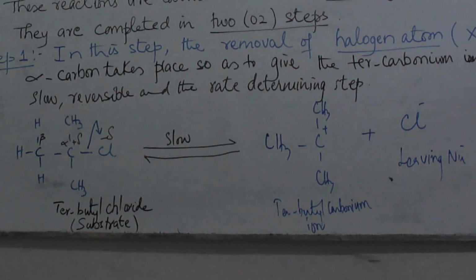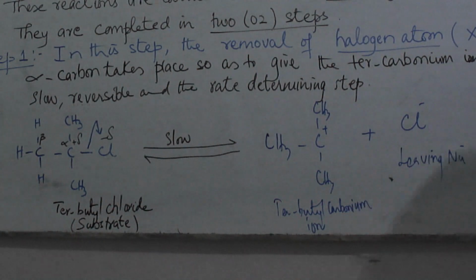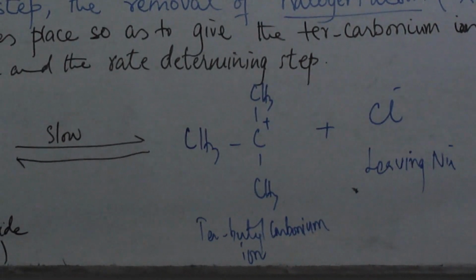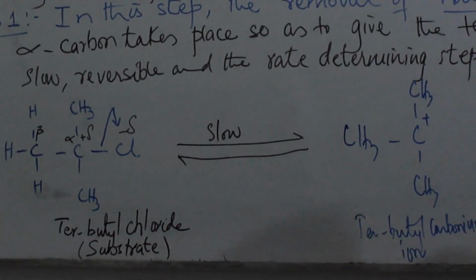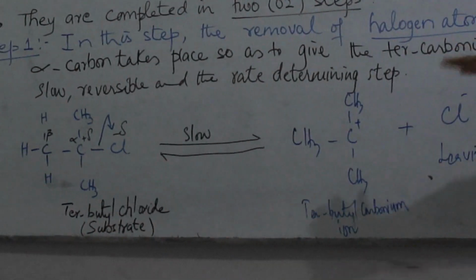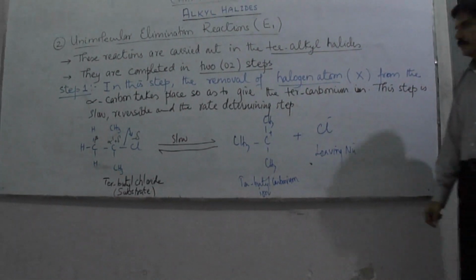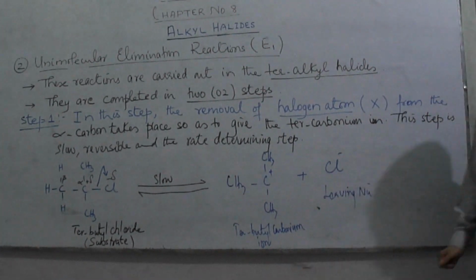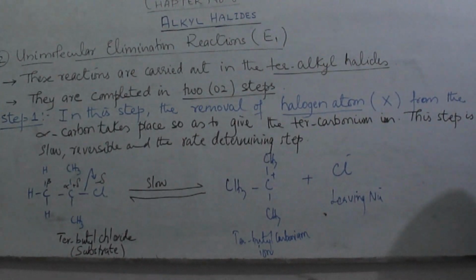Now this is exactly the same step we discussed while discussing the SN1 reactions, and I must tell you that in one of the papers of MCAT, an MCQ type question came in one of the years asking which step is commonly used in E1 and SN1 reactions. So this is the common step between E1 and SN1.